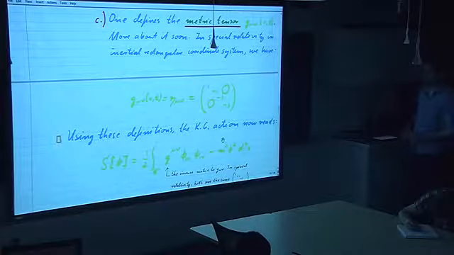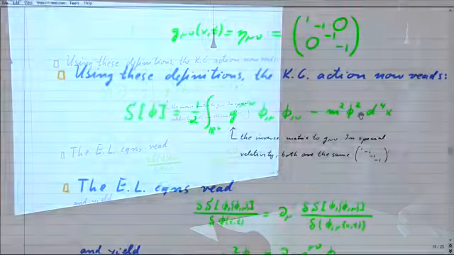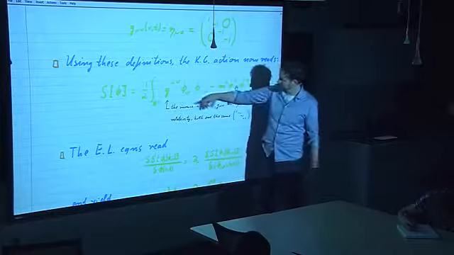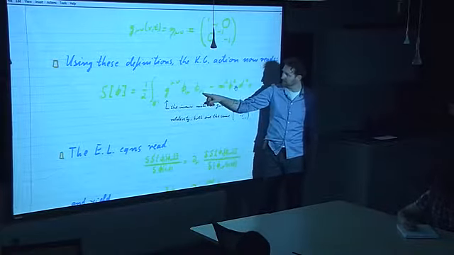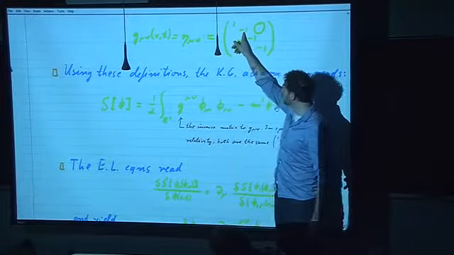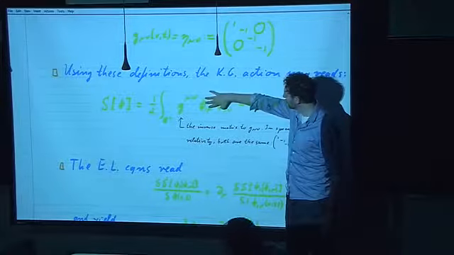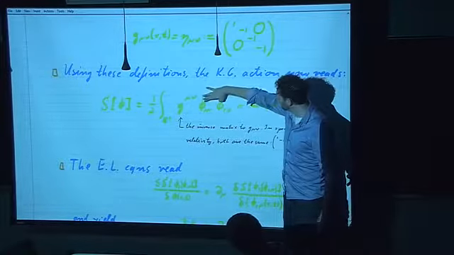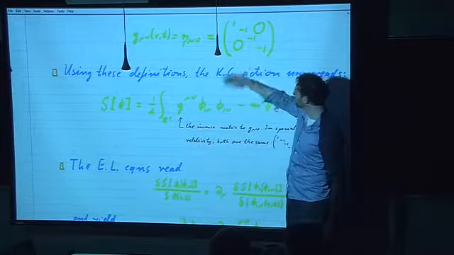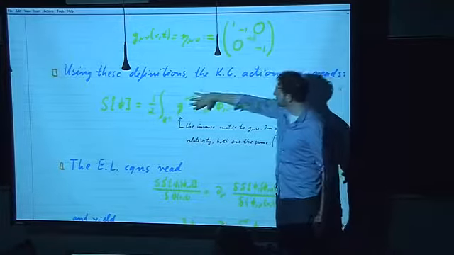With this definition, we can rewrite our Klein-Gordon action now. The Klein-Gordon action now takes this form. The space and time derivatives here, and the G mu nu is this matrix that will take care of the right kind of summation to occur here, namely there will be the square of the time derivative and then the negative of the square of the space derivatives, because G mu nu is going to be that matrix here.